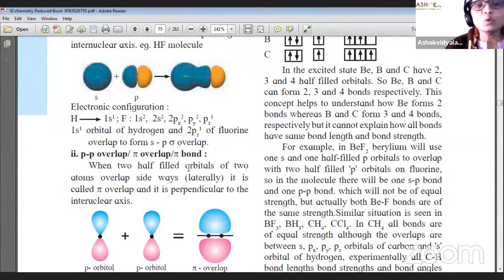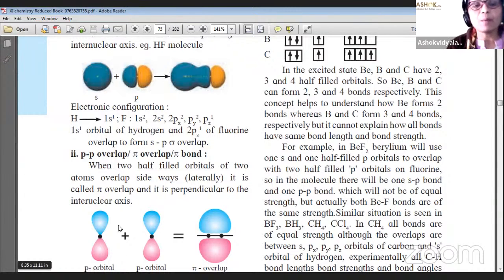When two half-filled orbitals of the two atoms overlap along their sideways, or you can say laterally, when this side of the p orbital overlaps with another p orbital along its side, this is the lateral overlapping, or sideways overlapping, and this is the formation of the pi bond.